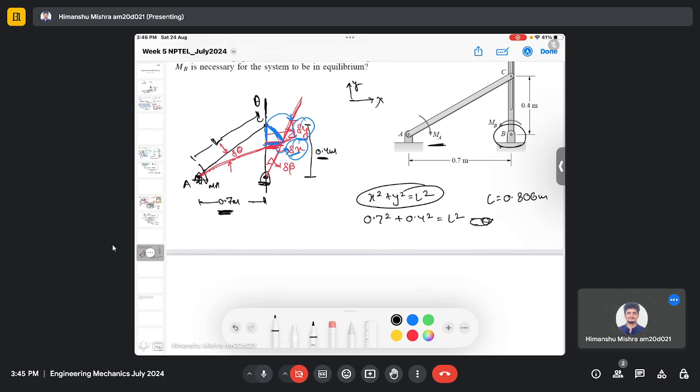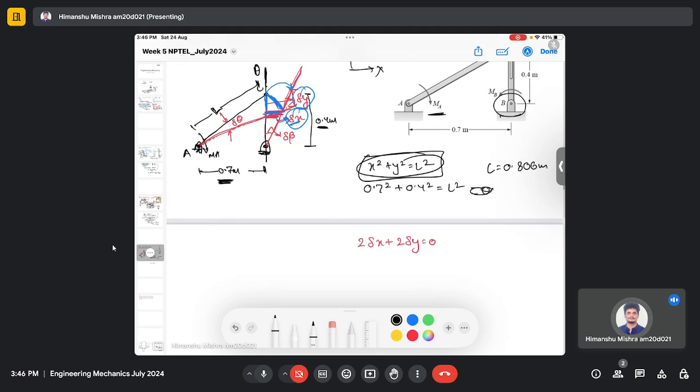Similarly here, if I differentiate this equation, I will have 2x dx plus 2y dy equals 0, and from this equation I will have x dx equals minus y dy.